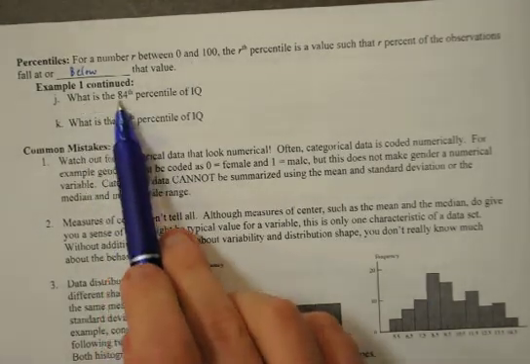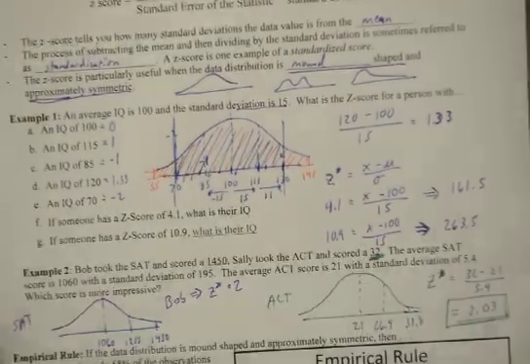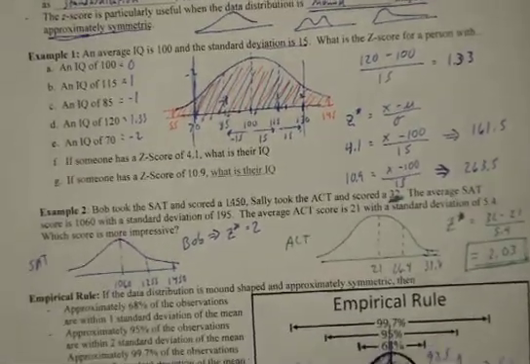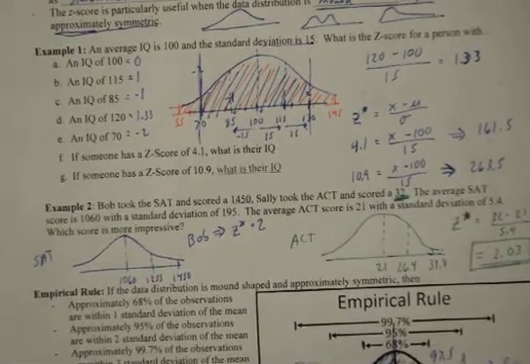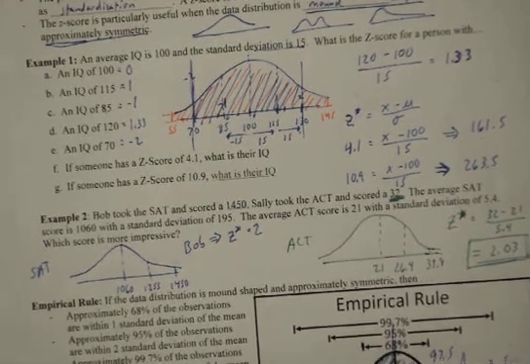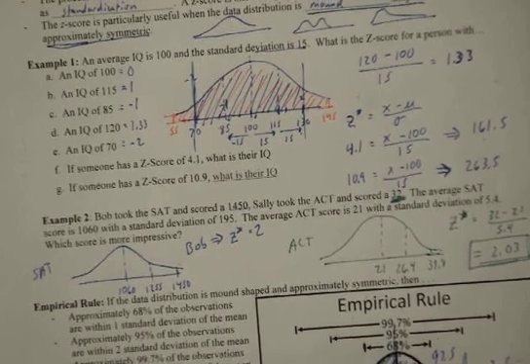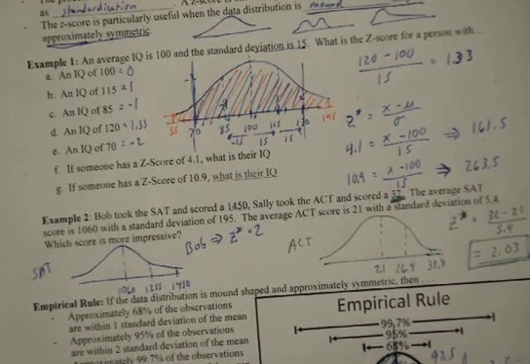What is the 84th percentile of IQ? So we got to go back to the first page here. 84% would be 50% plus 34%, which is 115. So at an IQ of 115, you scored better than 84%.